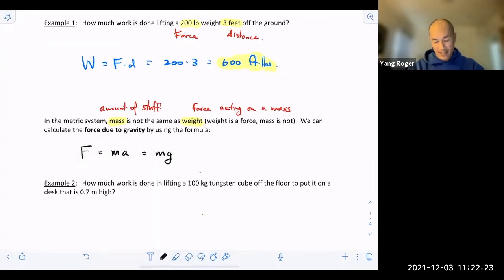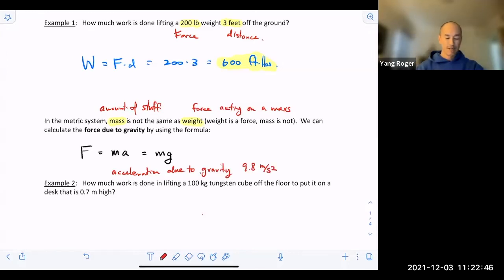So G is this acceleration due to gravity. And that actually has a constant. That constant is 9.8 meters per second squared. Okay.